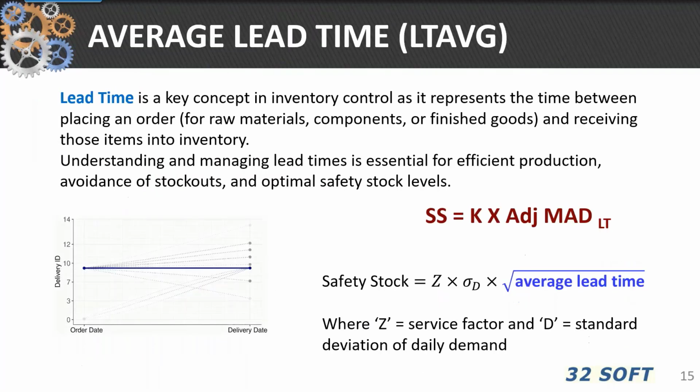Lead time in a manufacturing inventory control system is a key concept with regard to safety stock. Average lead time represents the time between placing the order for raw materials and receiving those items into inventory, available for demand. Understanding and managing lead times is essential for efficient production, avoidance of stockouts, and optimum stocking levels.